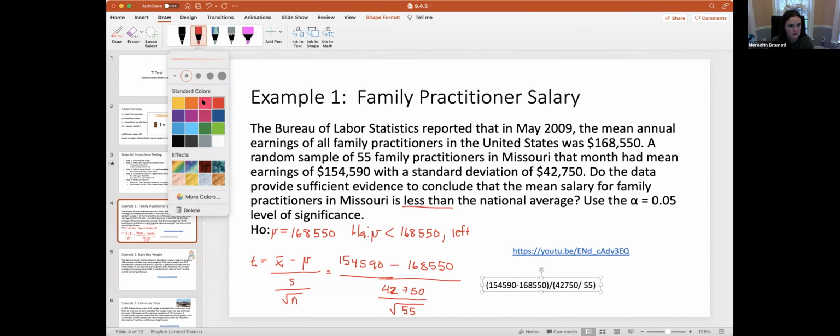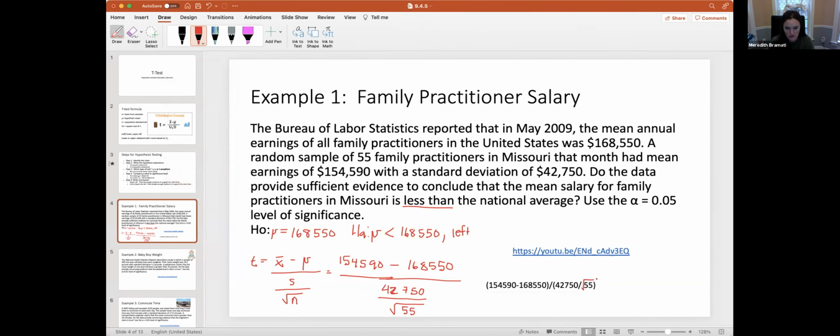I'm trying to, instead of making the symbol, it's easier just to draw it. Okay, and what do you get for your answer for that? T will be negative 2.41.